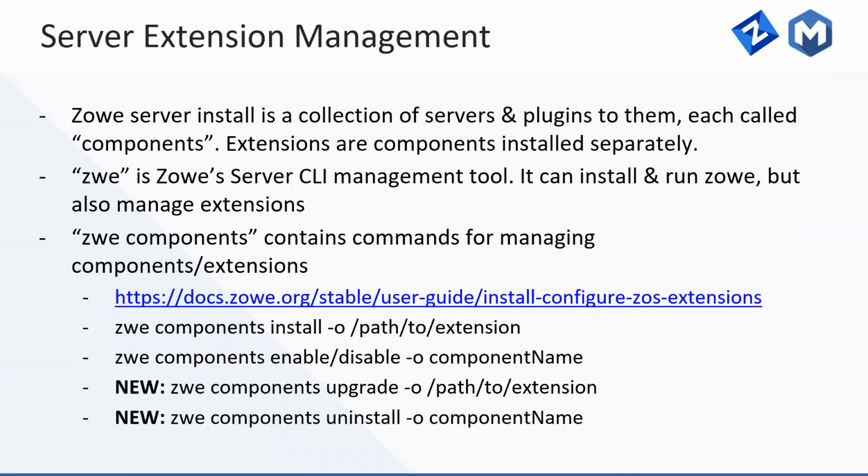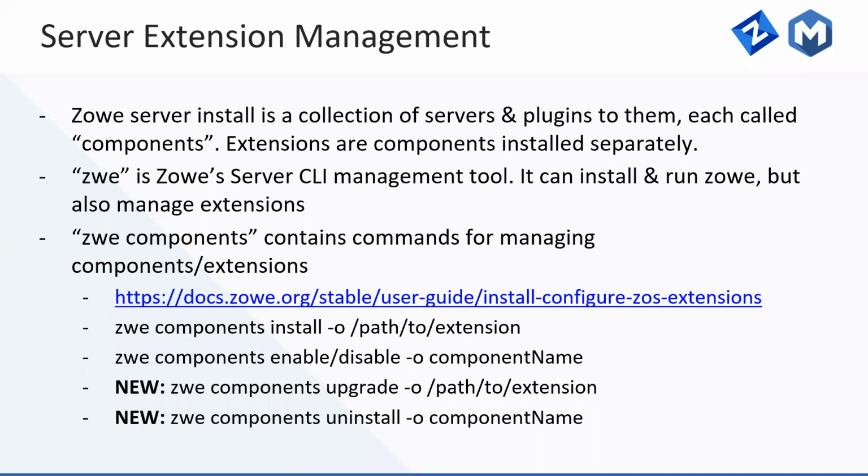If you ever see the word components with regards to this stuff, at the bottom of the screen, you see there's component commands. You could think of this as components or extensions. So anyway, ZWE is a command line tool, but it's not the Zowe CLI. It is a CLI for Zowe's servers.